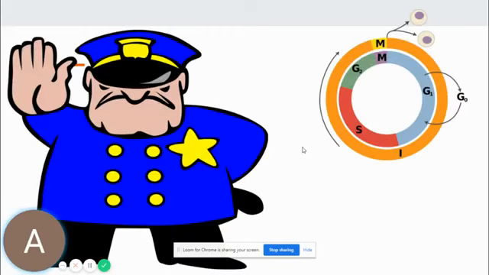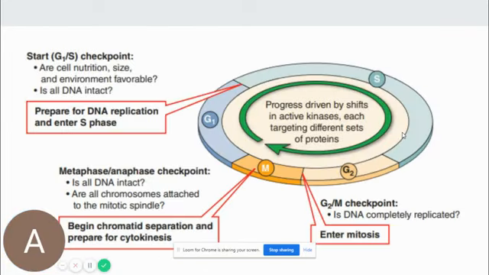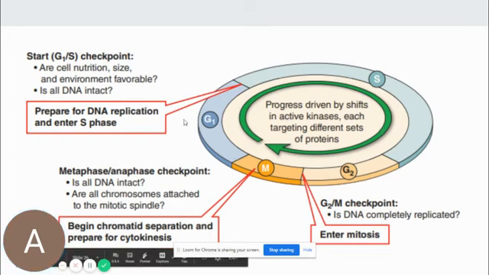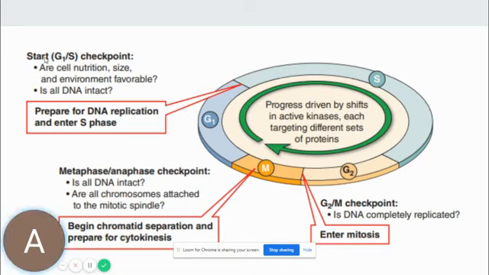So yan, ito yung mga checkpoints. As you can see, maraming checkpoints dyan. Okay? So this is a more detailed description of the checkpoint. So ito, for example, for the G1 to the S phase, does the cell have enough nutrition?